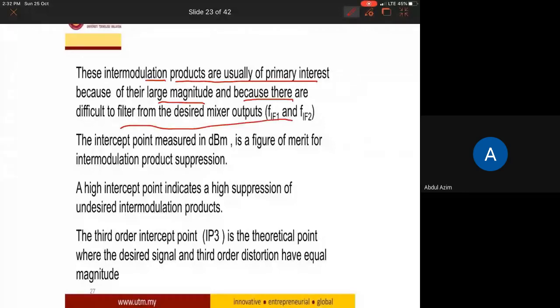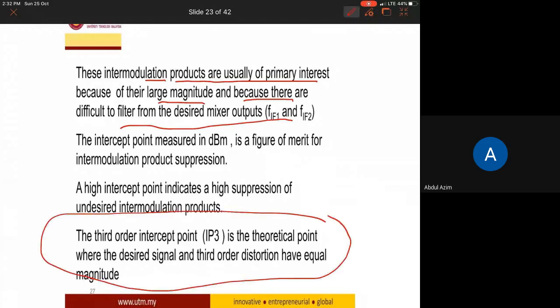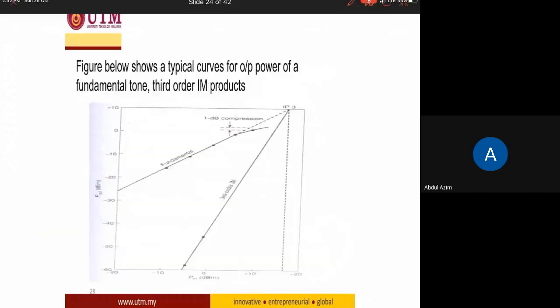High intercept point indicates high suppression of undesired intermodulation product. This is just a definition of the IP3 that I have explained before, which is the fundamental and third order.